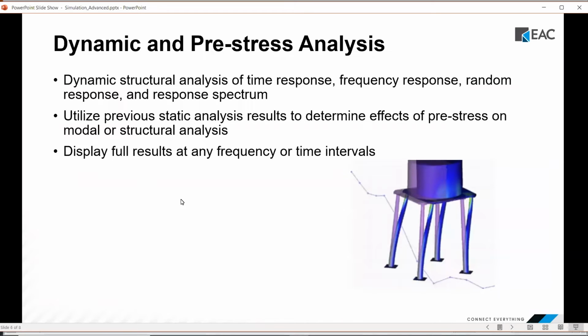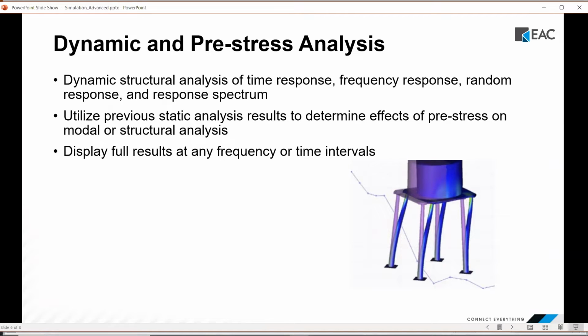The next thing I want to talk about in capabilities is the dynamic or pre-stress analysis. Pre-stress would be if we had a couple of plates bolted together and we torqued those bolts down to 90 foot-pounds. That actually influences the behavior of those plates as they go under stress.